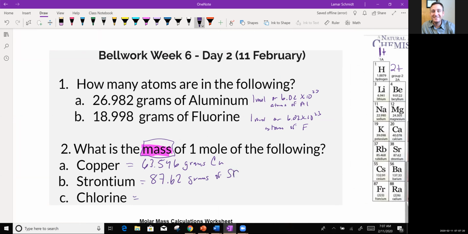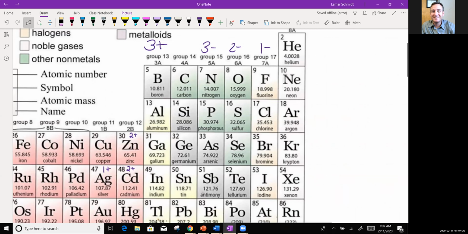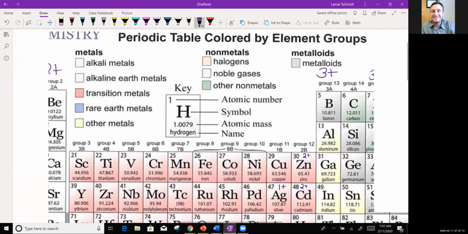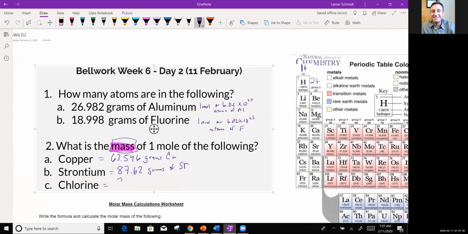All right, and then on chlorine, go to the periodic table once again, and we see that it says 35.453, and we simply record that value. So this tells us the mass of 1 mole of chlorine. All right, so how many atoms is that? 6.02 times 10 to the 23rd, or what we call Avogadro's number.